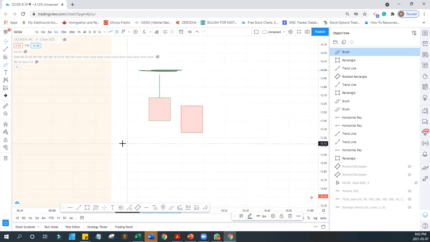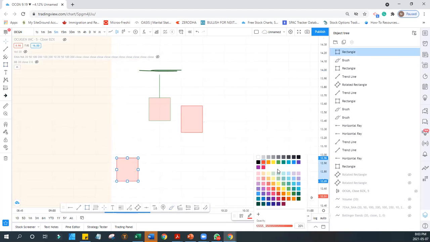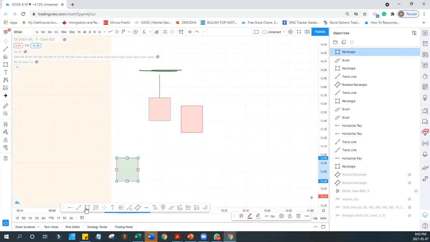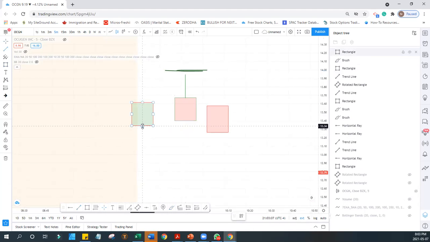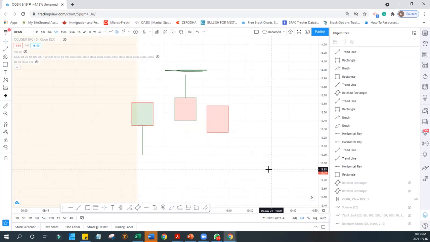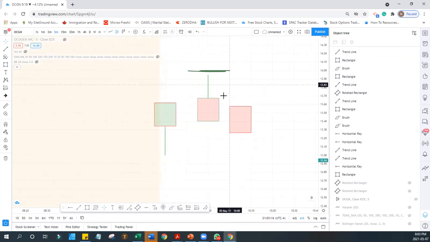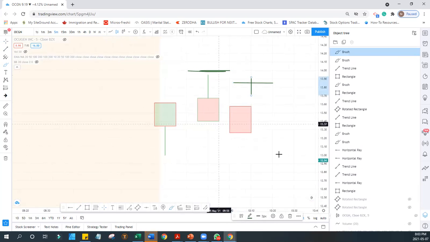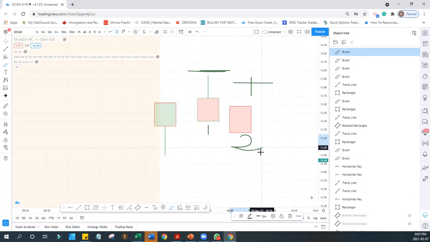Whenever you see the hammer or the bullish hammer, I'm making it green so it's easier for you to understand. Whenever an inverted hammer candle, a doji candle, or a piercing candle appears on the resistance side, not anywhere else, this is the first candle and this is the second candle.